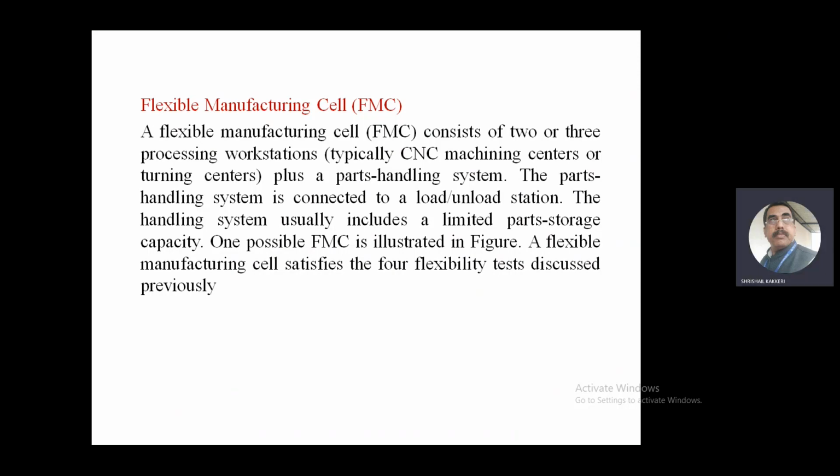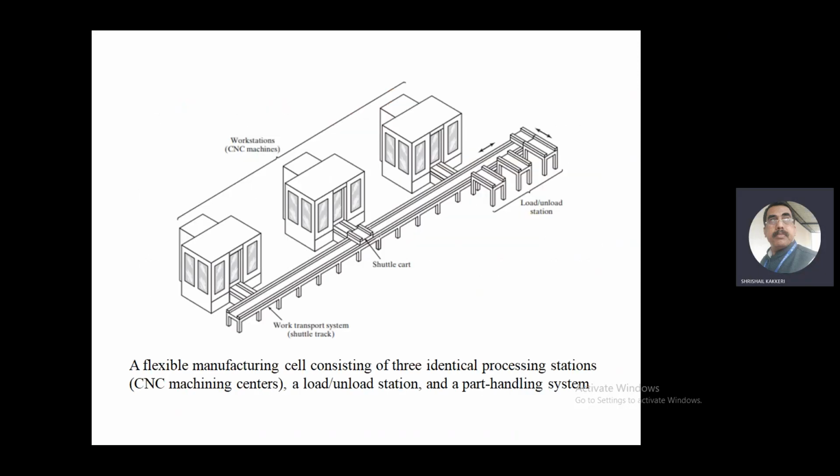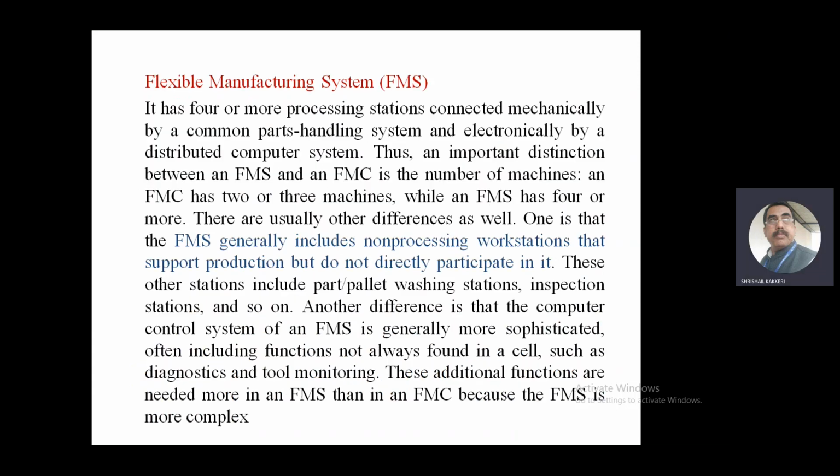You understood? Please try to remember them. That is what I have written, flexible manufacturing system. Like you can see, one is that the FMS generally includes non-processing workstations that support production but don't directly do the production. Understood? For example, I want to do a leakage testing before I send it to the next station.